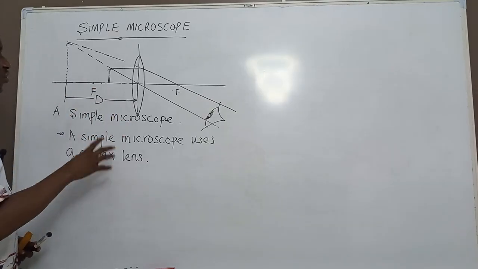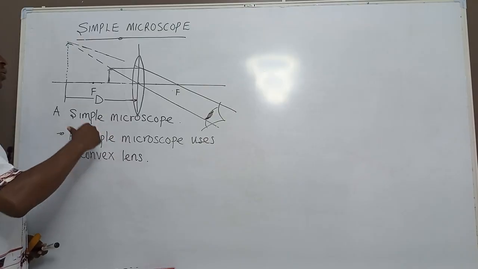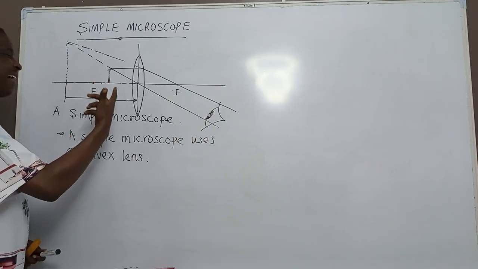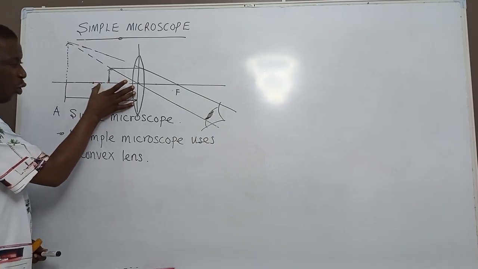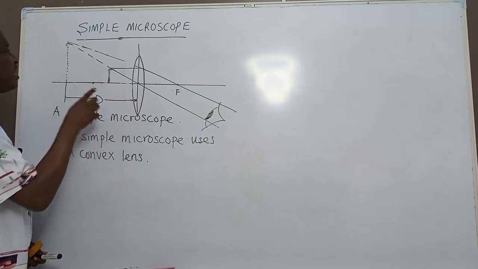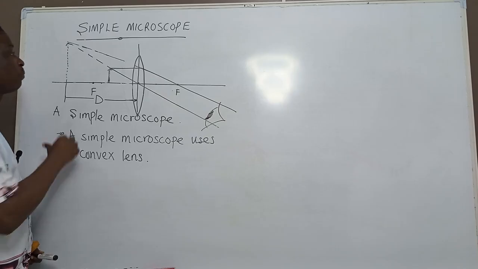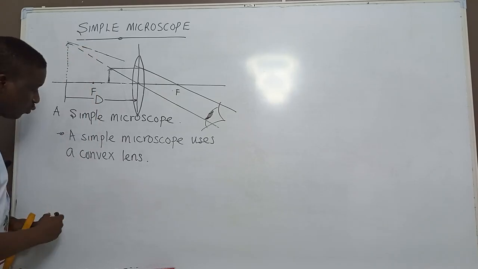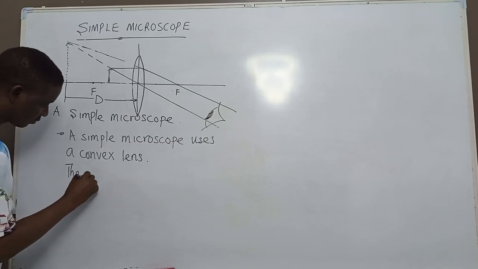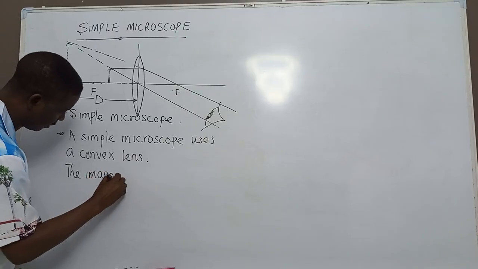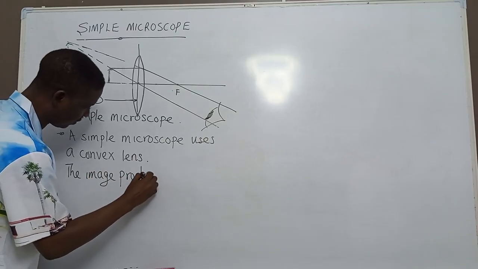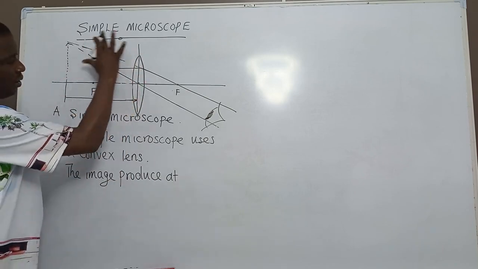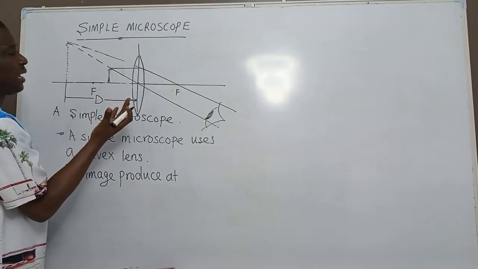Now, it uses only one convex lens to view an object that is within a focus, and it produces a magnified image. The image that is produced now is magnified, and this setup is at normal adjustment.